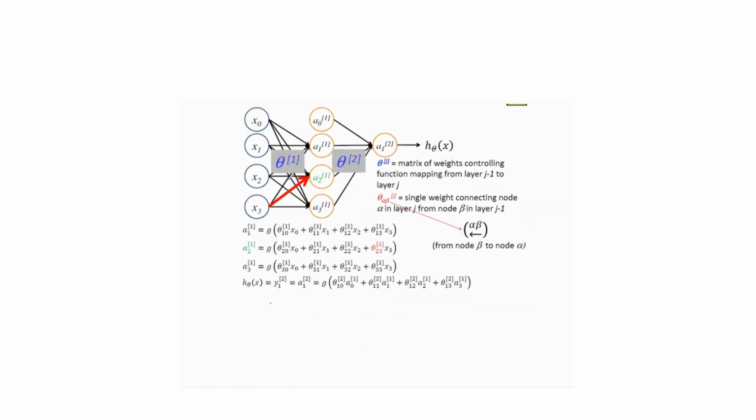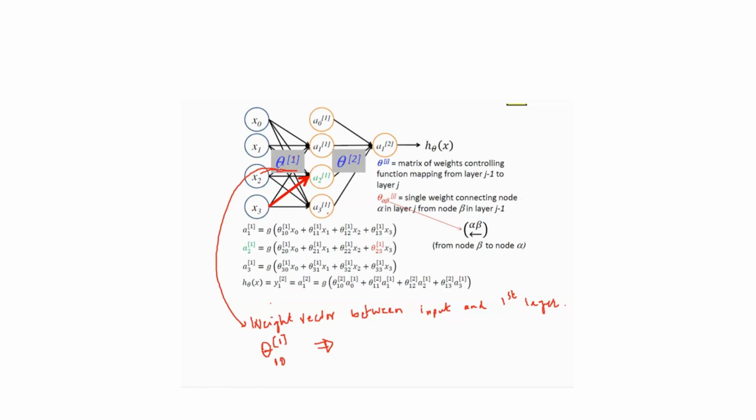Before that, let me just tell you about this theta. When I was talking about the weights or the theta vectors, this is our 0 layer, this is our first layer. The weight vector we call theta1, because the theta vector can contain many weights in it.